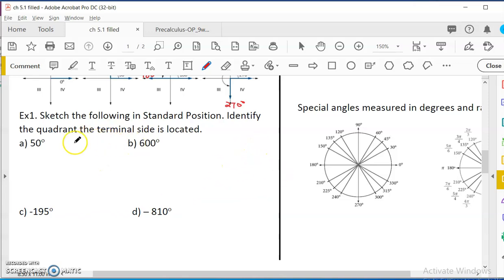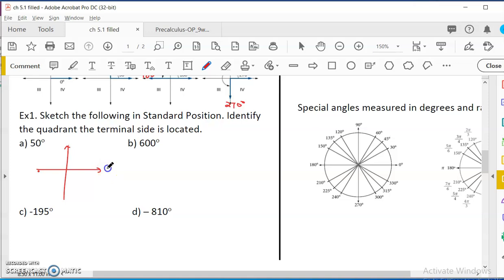So the typical question to practice the standard position is to sketch the angle in standard position. So sketch 50.